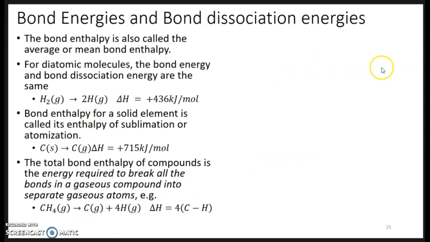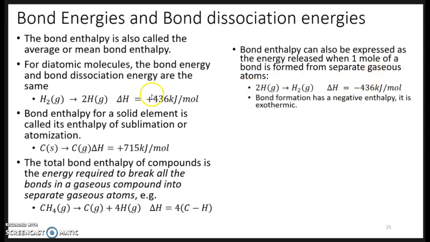Okay, so bond enthalpy in some other places can also be referred to as the energy required to form. So we can talk about bond breaking enthalpy or bond forming enthalpy. If you note here, the bond formation is negative because formation is always exothermic.